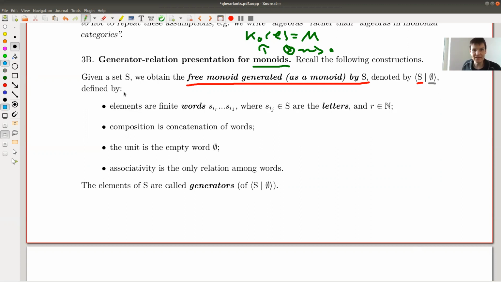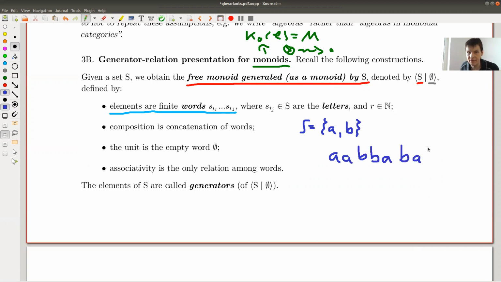In this case, it just means that my elements are just words in some alphabet, and my alphabet is my underlying set S. I call those things letters. You could think of, for example, if S were the set {A, B}, then anything you can concatenate from A and B would count as a word in some finite sense.